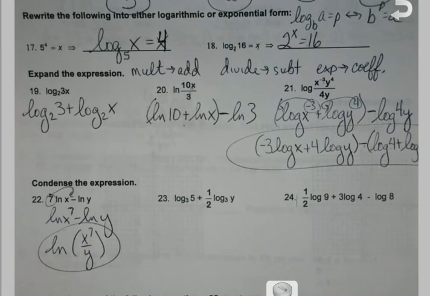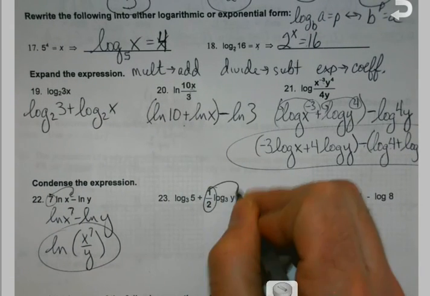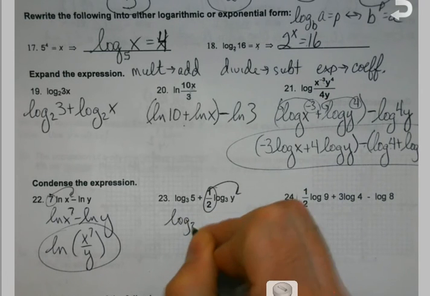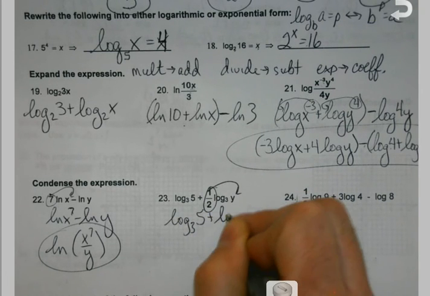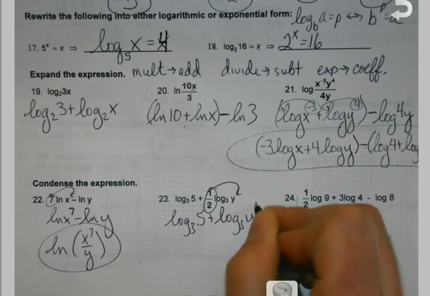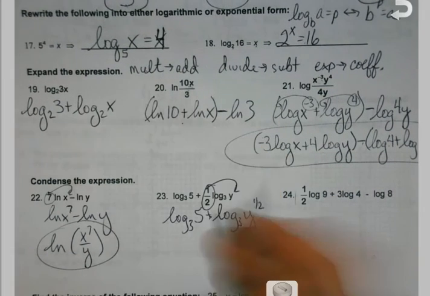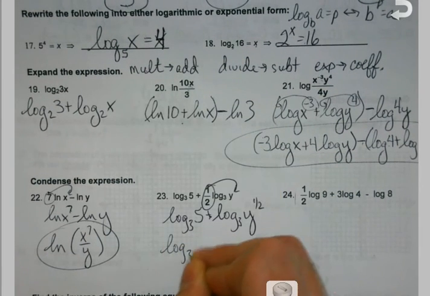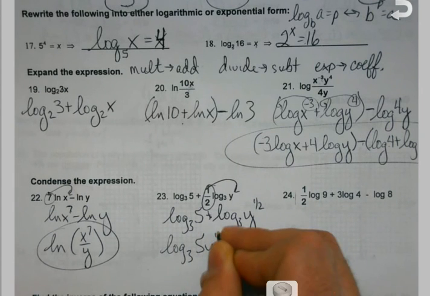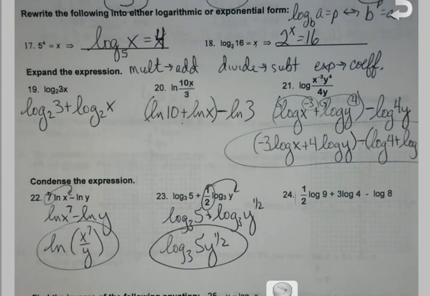But I always want to deal with those coefficients first. Addition turns back into multiplication. That's as far as I can go.